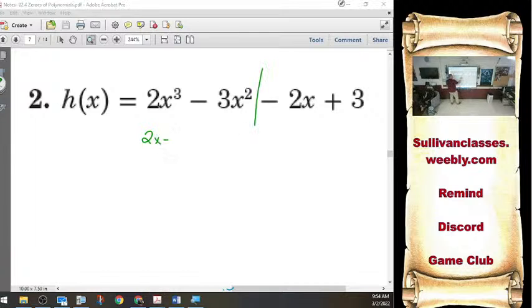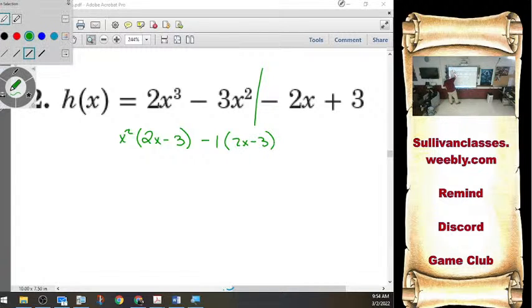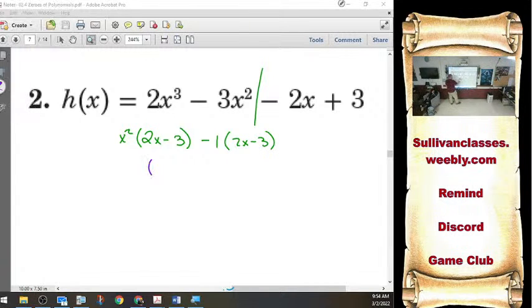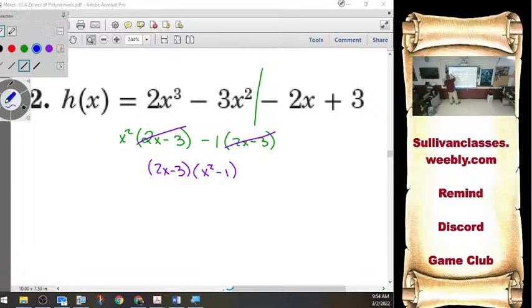I have a 2x minus 3 left if I take out an x squared. I have a 2x minus 3 left if I take out a negative 1. So with 2x minus 3 taken out, I'm left with an x squared minus 1. But you've got to remember that that is also factorable.